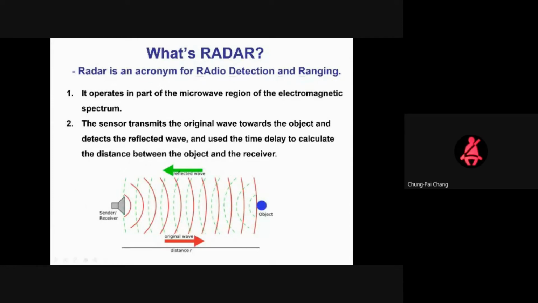A sensor transmits the original wave toward the object, detects the reflected wave, and uses the time delay to calculate the distance between the object and the receiver.